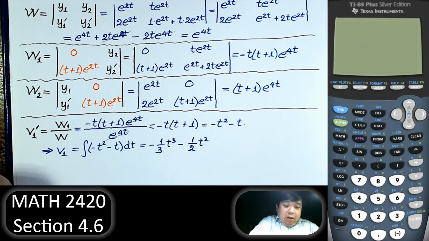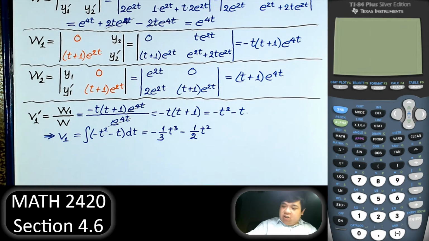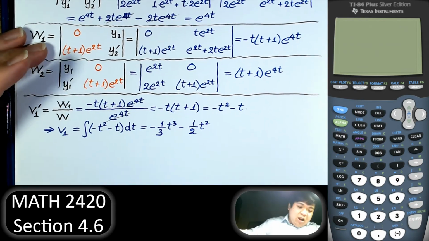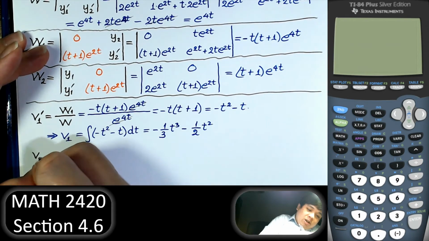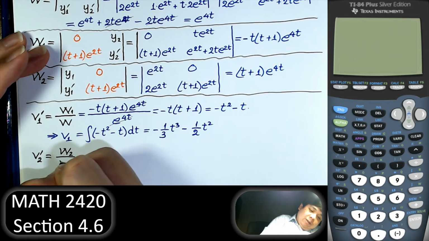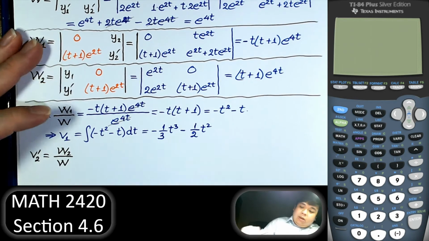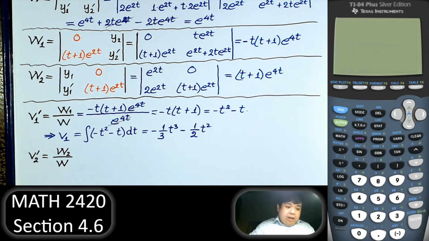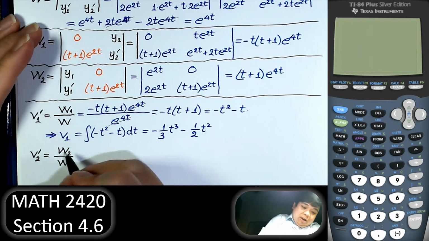Power rule. Don't need a constant c. What happens if we have the constant c there? It doesn't matter though. We just ignore it.